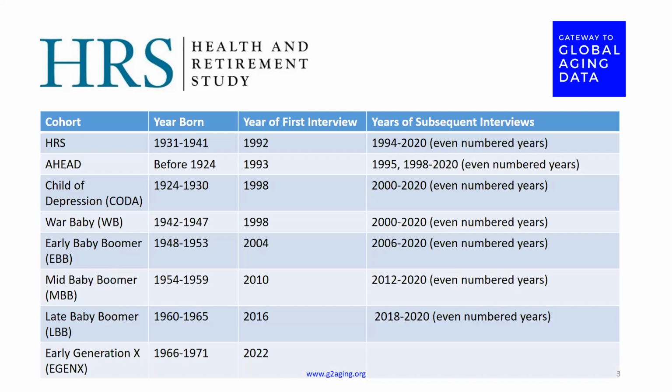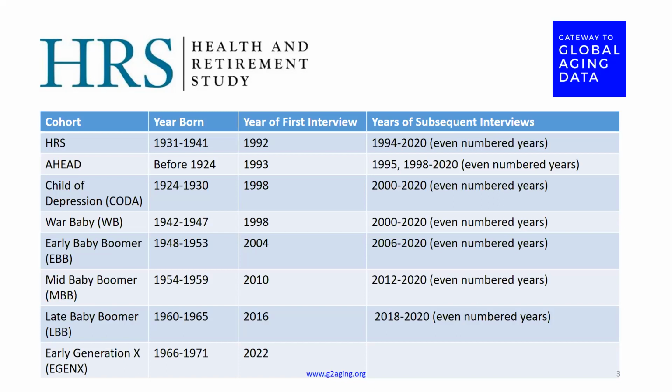The second was the AHEAD cohort, or the Asset and Health Dynamics Among the Oldest Old, which captured those born before 1924. The AHEAD cohort was first interviewed in 1993 with a follow-up in 1995. Starting in 1998, the HRS and AHEAD cohorts merged and have been interviewed every even year since.